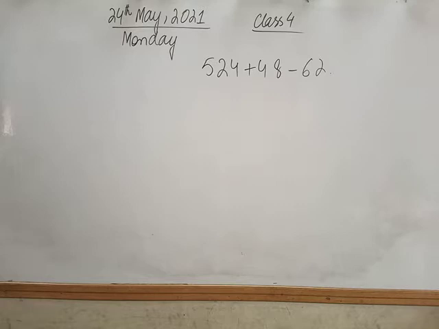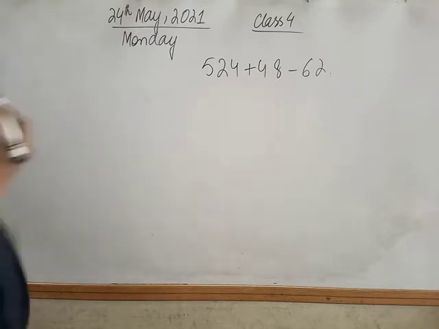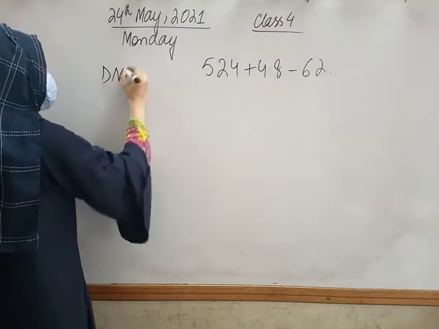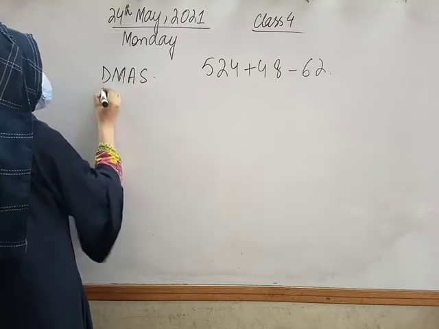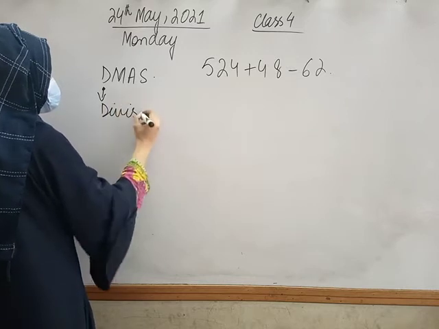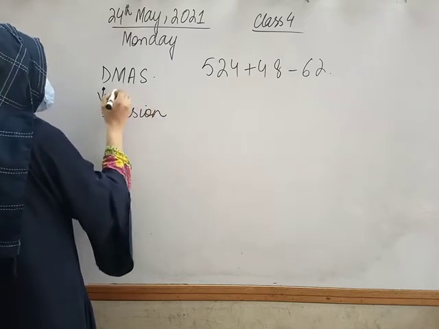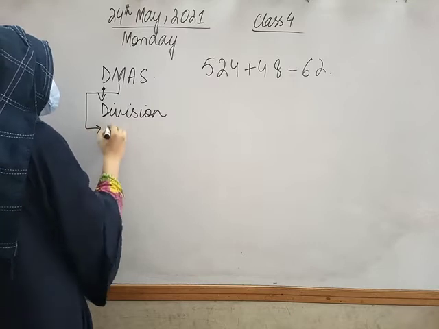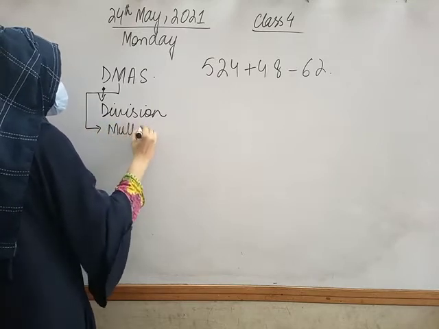Very good. If we have a question in which more than one operation is used at a time, we will follow the mass rule. So the mass rule means, first we will solve division. Second, we will solve multiplication.